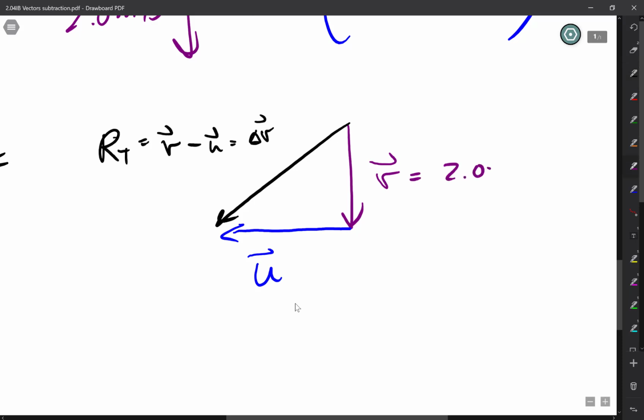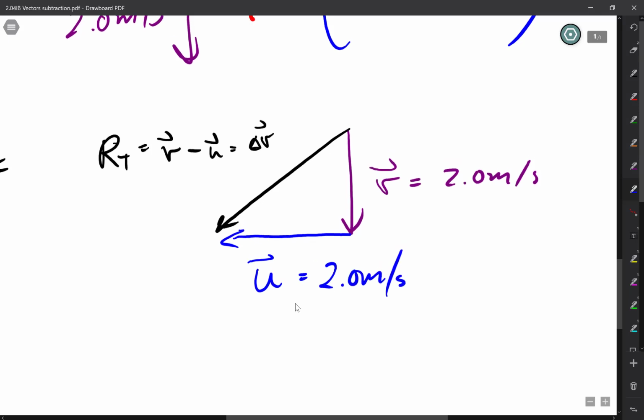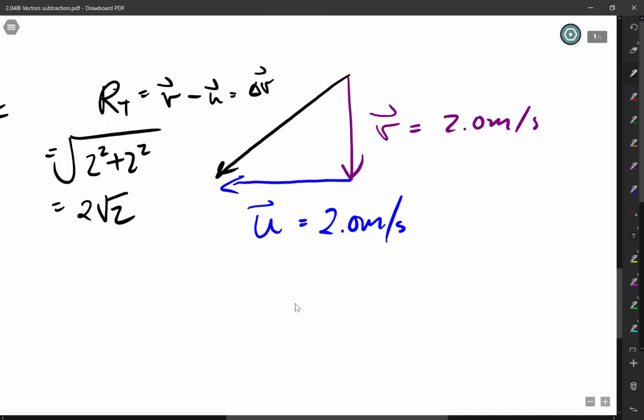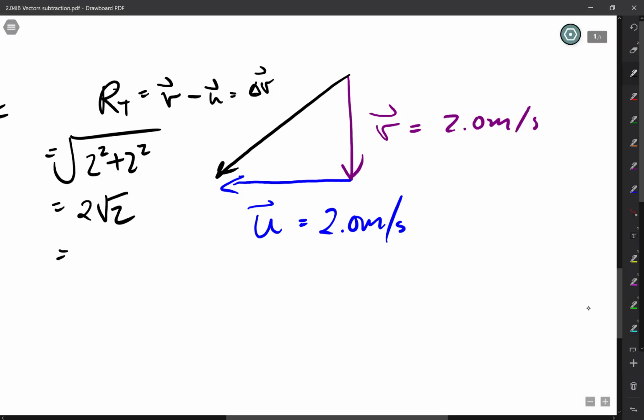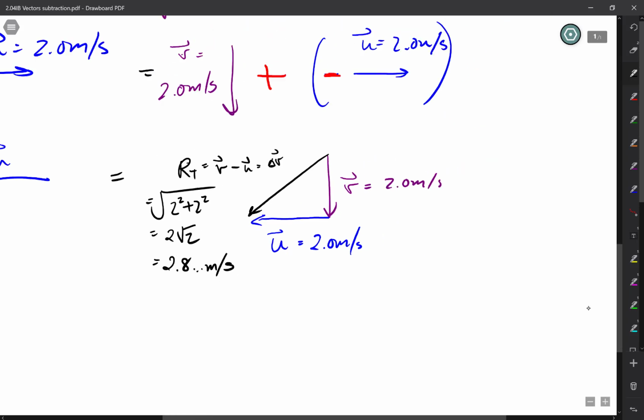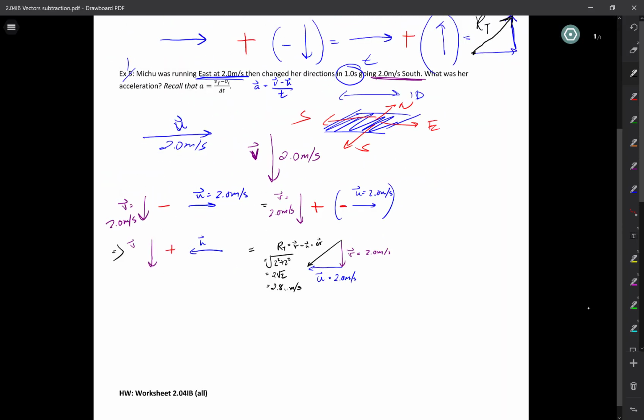So writing all these values down, and then using, of course, Pythagoras to find out the missing side, we get that R T is 2 square root of 2. Putting that into our calculator, this gives us 2.8... meters per second equals our delta v, okay?